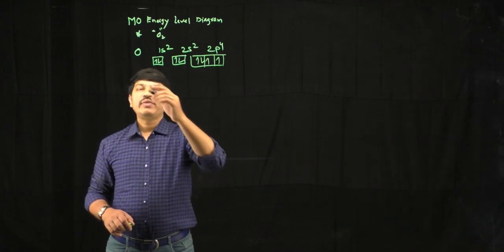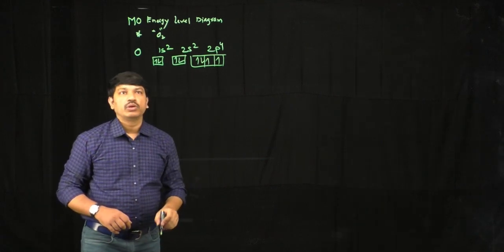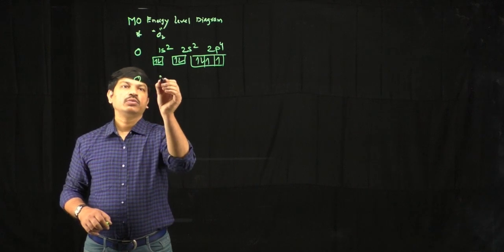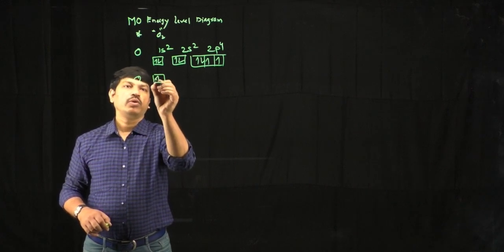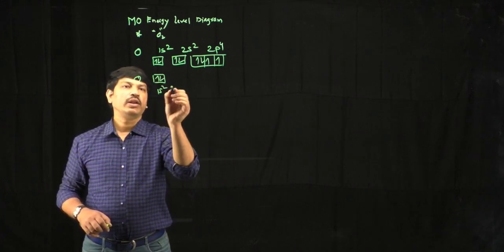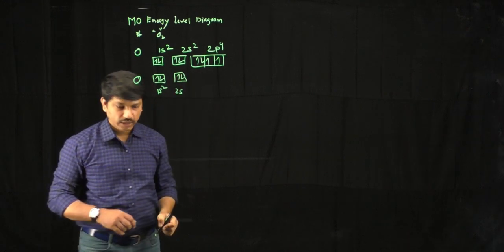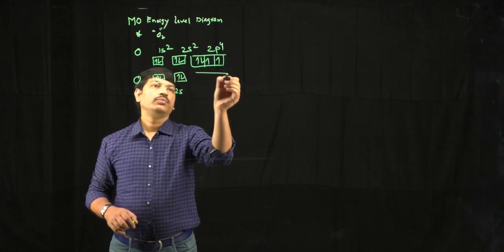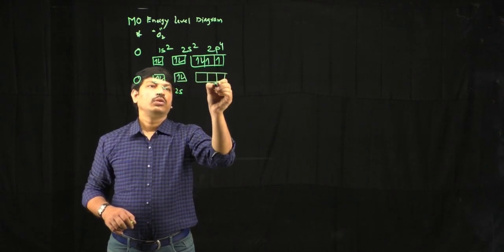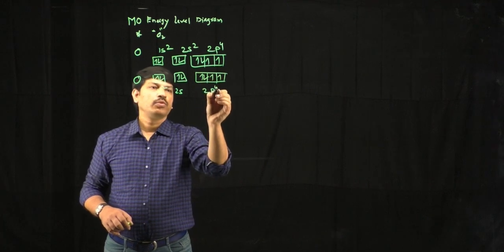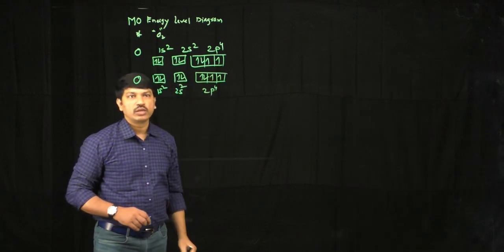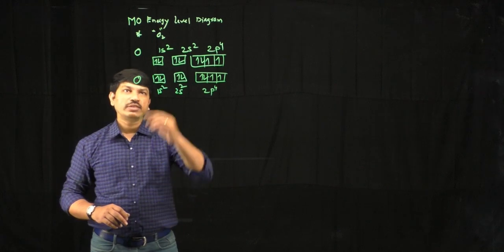So similarly we have another oxygen atom also. Again, the 1s orbital contains 2 electrons and the 2s orbital contains 2 more electrons and the 2p orbitals contain 4 electrons, like this. So like this we have 2 oxygen atoms.